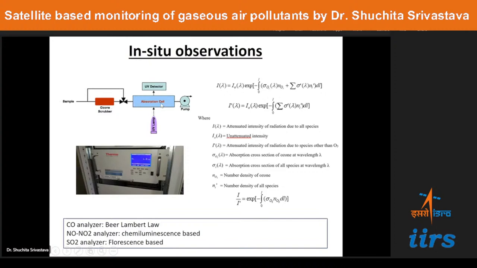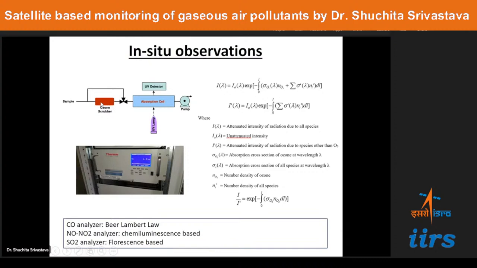Air parcel is sucked inside the absorption cell, and a UV lamp is used for the I0 light passing through this absorption cell, and intensity I is measured by the UV detector, right? Now for the next 10 seconds, this is a solenoid valve. It gets connected to this path for 10 seconds, and then it gets disconnected from this path, and for the next 10 seconds it gets connected to the other path.